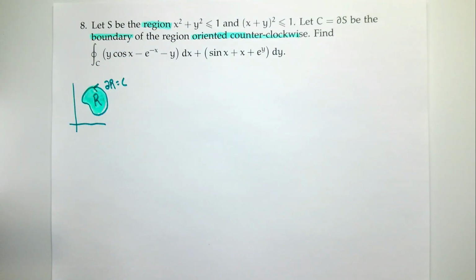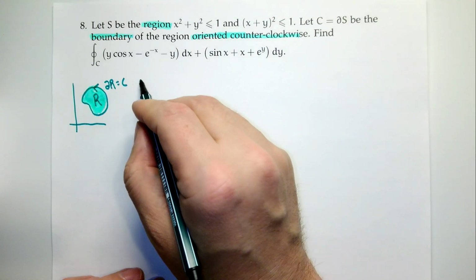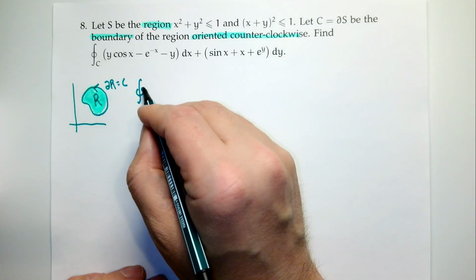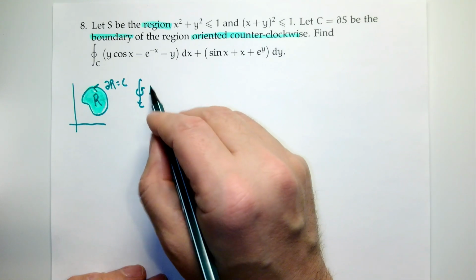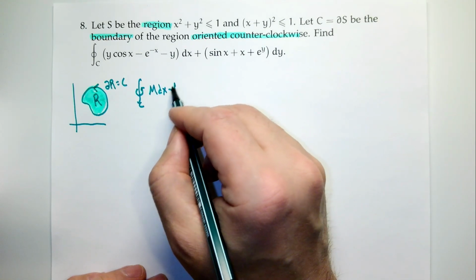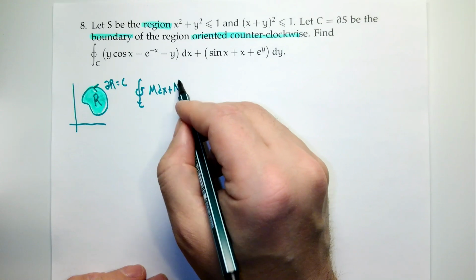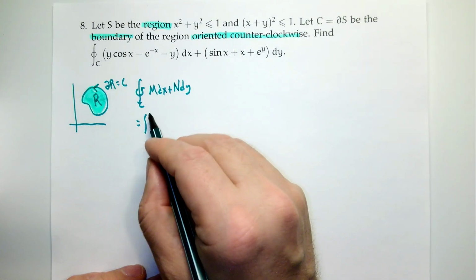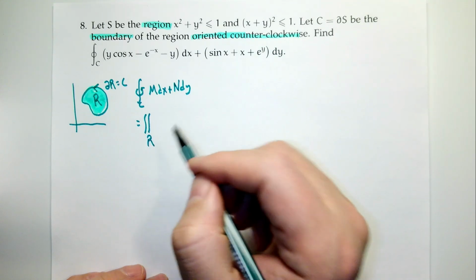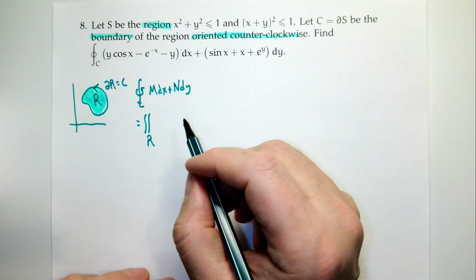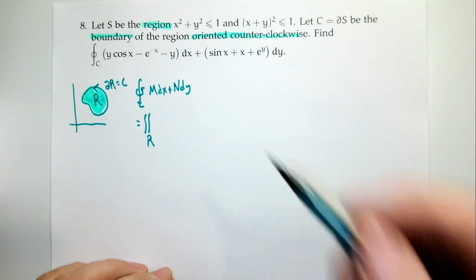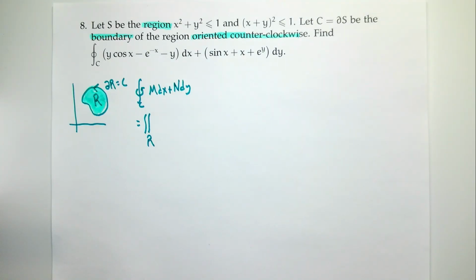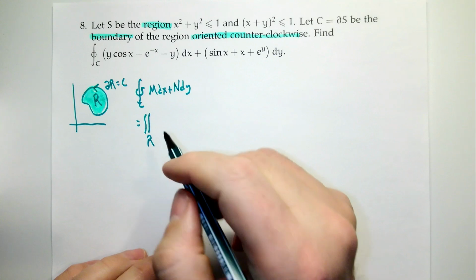All right. Then what we have is that the integral along the boundary of M dx plus N dy is equal to the integral over the entire region of, and this is the part you have to think about a little bit, and I'm going to be a little bit cautious here because I want to make sure I get this right.